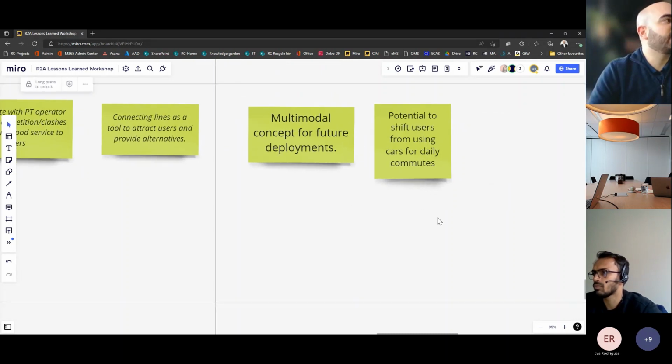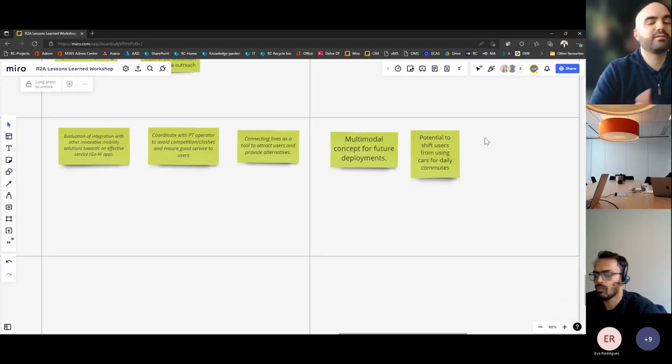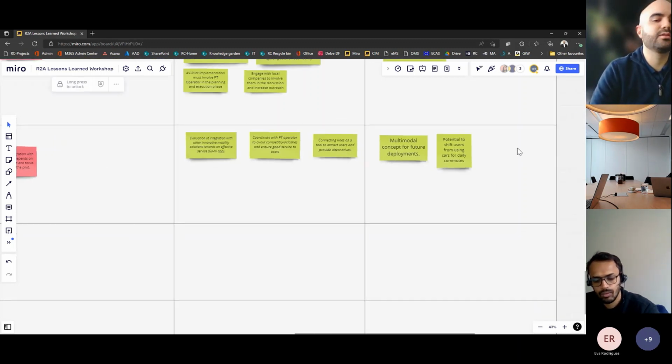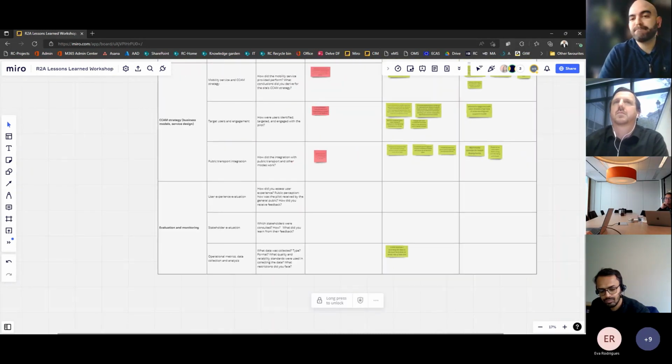And then in terms of recommendation for the future, yes, to prioritize that multimodal concept for future deployments, to know that there's a potential to shift users from using the car for daily commutes, but this requires, as said before, coordination with public transport operators and with overall authorities in relation to the CCAM strategy.